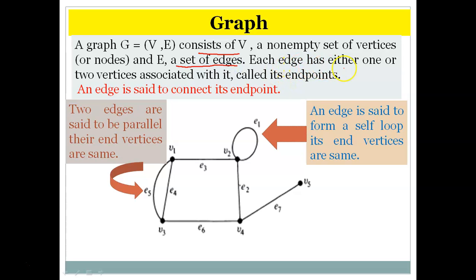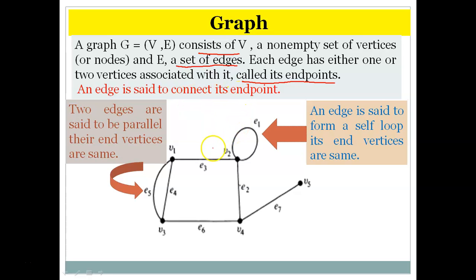Each edge has either one or two vertices associated with it, and these are called the endpoints. So we can say that an edge is said to connect its endpoints.